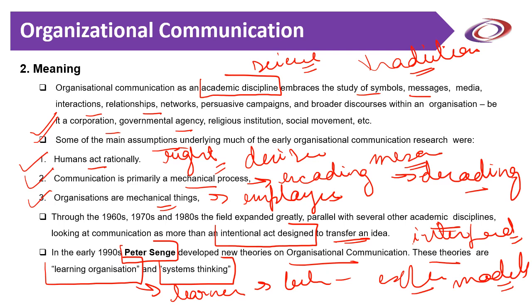So formal is vertical, informal can be horizontal. Grapevine communication is one type of informal communication, and it is diagonal. It is between the verticals. It is between the different levels in the organization. They can also take the form of rumors. There's no credibility to this type of communication.